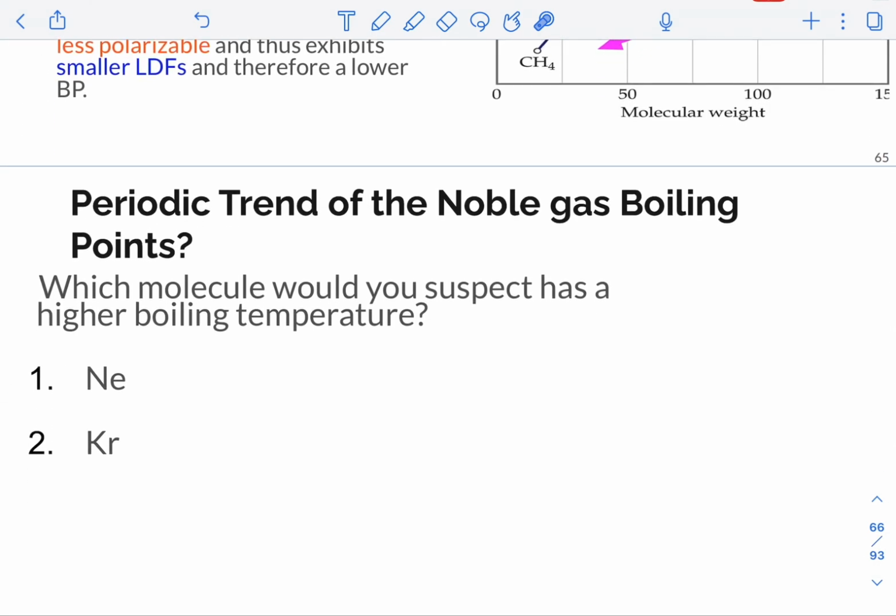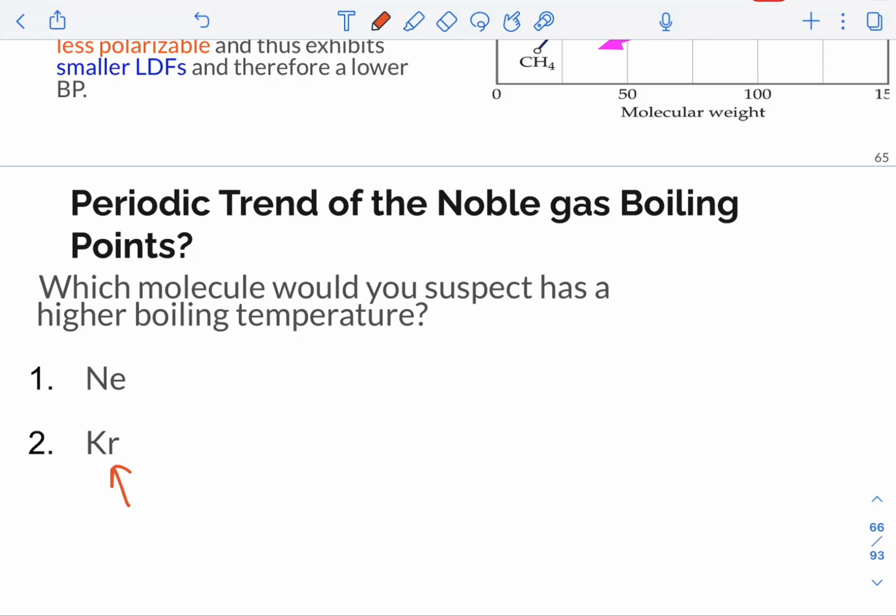And hydrogen bonding especially makes a huge difference. So you would say here, which molecule do you expect to have a higher boiling temperature? Okay, now both of these are just atoms. They're just noble gases. So we would just expect LDF. There's no reason for polarity or anything like that. So we would say krypton is going to have the higher boiling temperature because it's the bigger atom.